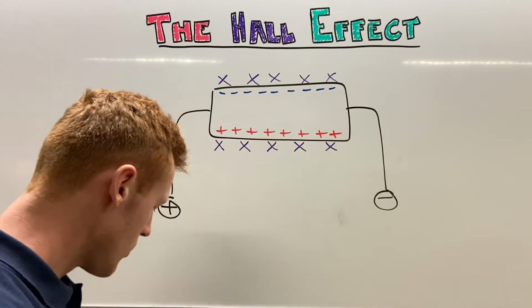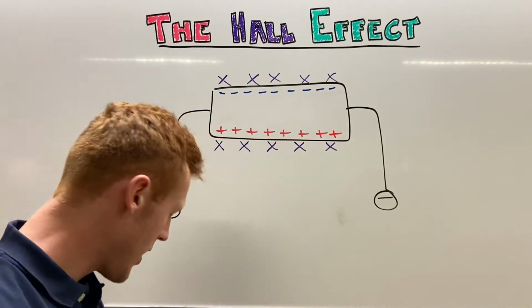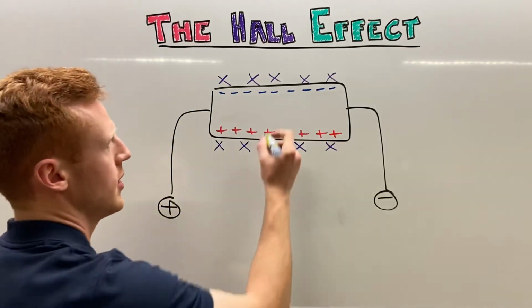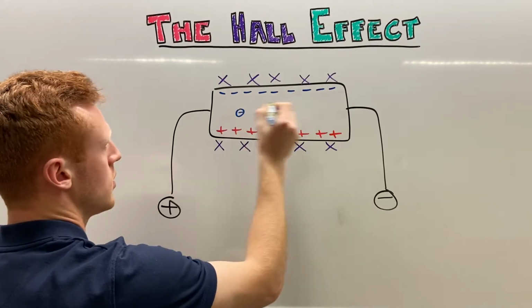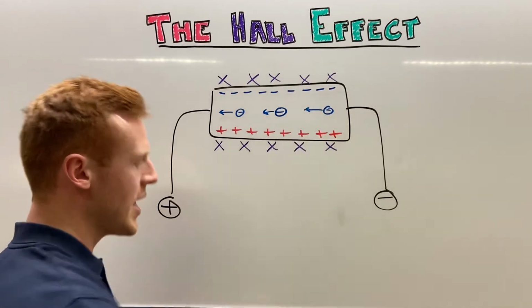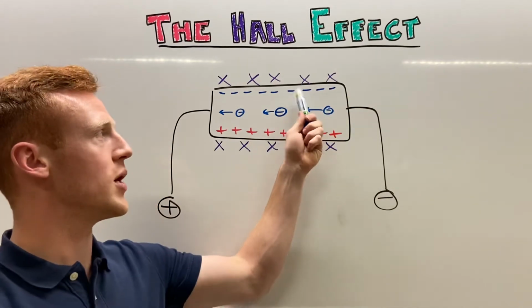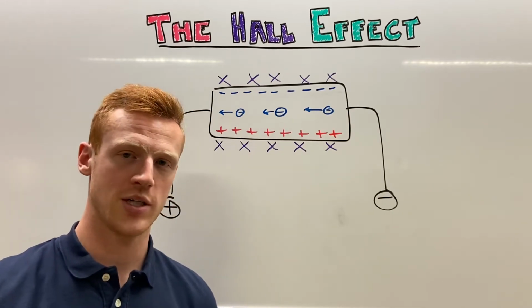So what is cool about this is, let's say we're going to continue having electrons move through this. Boom, boom, boom. Moving this way, all right? What keeps them from continually building up right there at the top? It is exactly that electric potential difference.